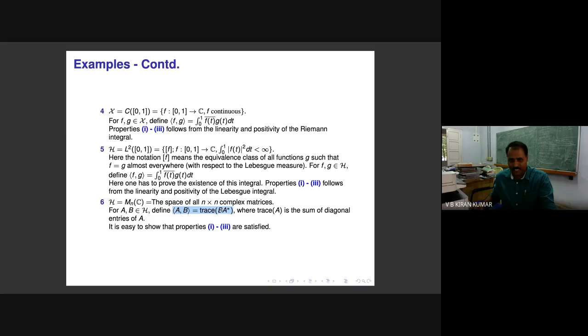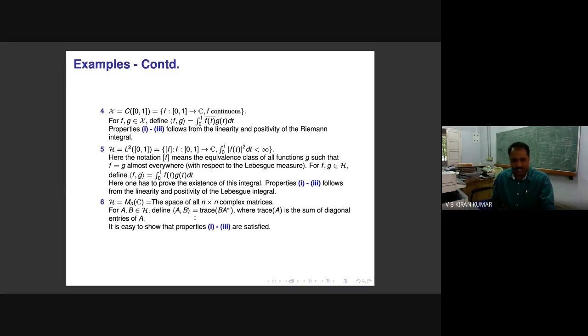Trace means the sum of diagonal entries. You define inner product of A and B to be trace of B A star, and you just verify properties 1 to 3. It is easy now. And in fact, it's a slight cheating. In fact, this example you can actually identify with the example I gave initially, the first example, which you will see maybe later.